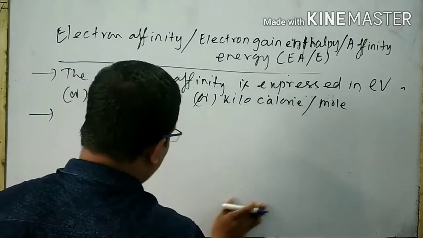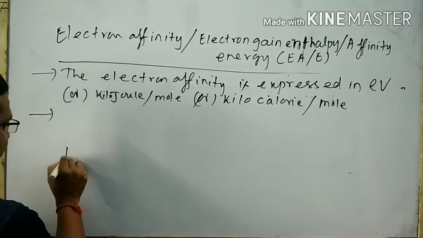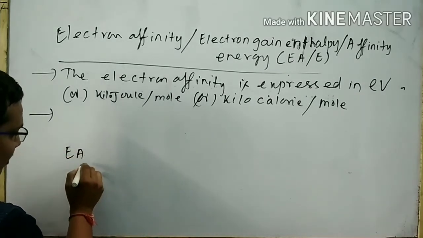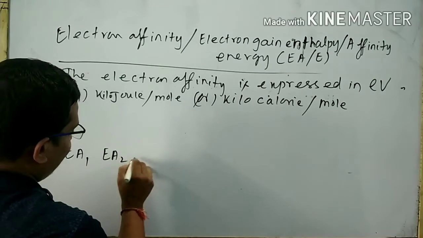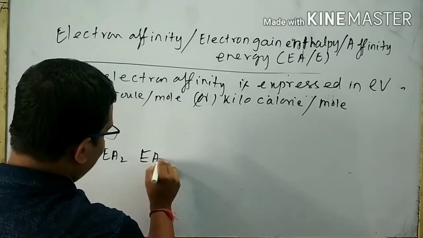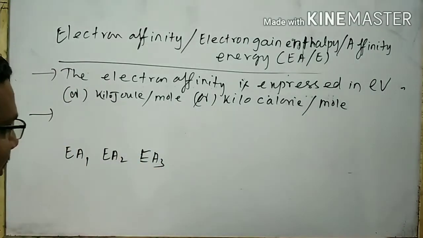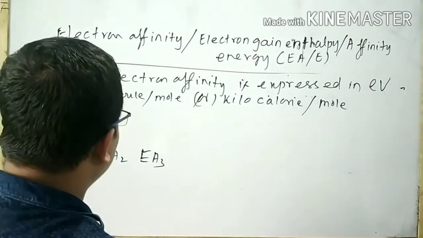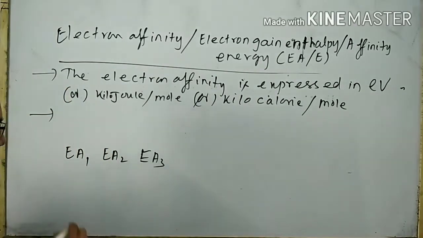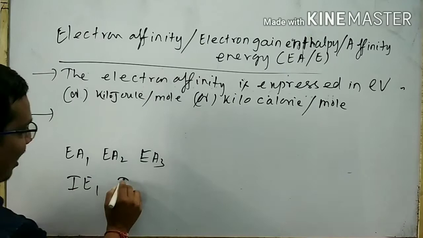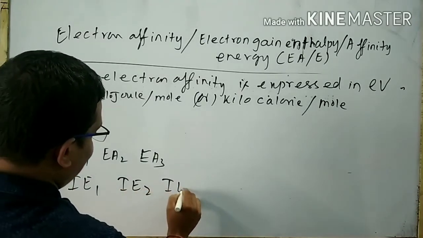Next point, suppose I want to think about EA1, EA2, EA3. What is the meaning of EA1, EA2, EA3? You also know about IE1, IE2, IE3.